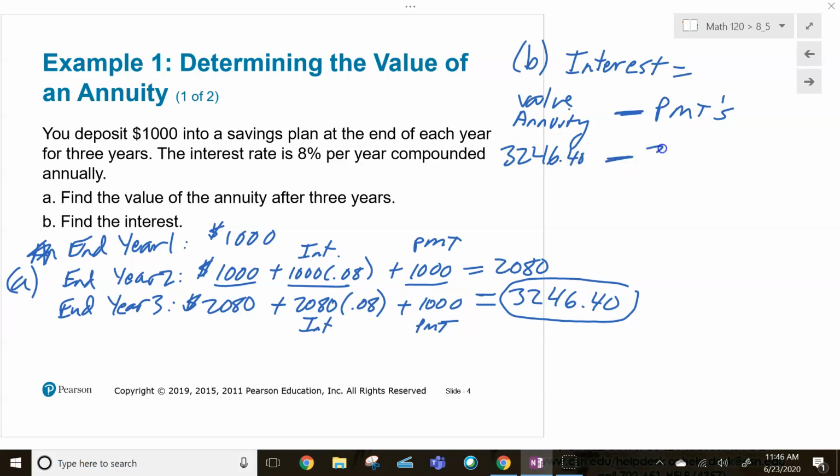But we made 3 payments of $1,000, right? At the end of each year, we paid $1,000. We have to subtract 3,000 from that because we put the $3,000 in. So the interest in this case is only $246.40, because we made 3 payments of $1,000. So that's the free money there. What's the free money? The interest, $246.40. So that's how an annuity works.